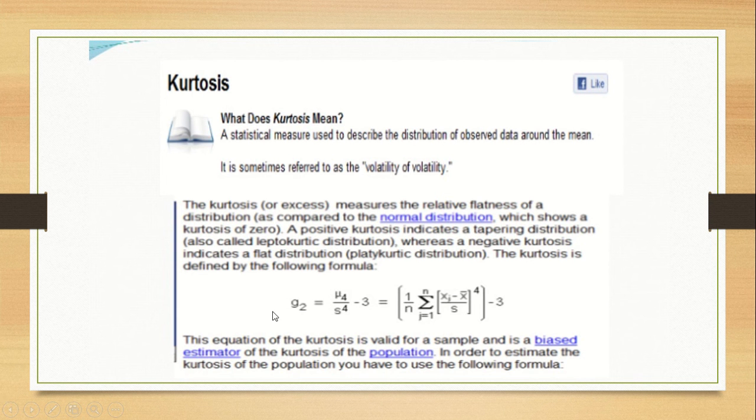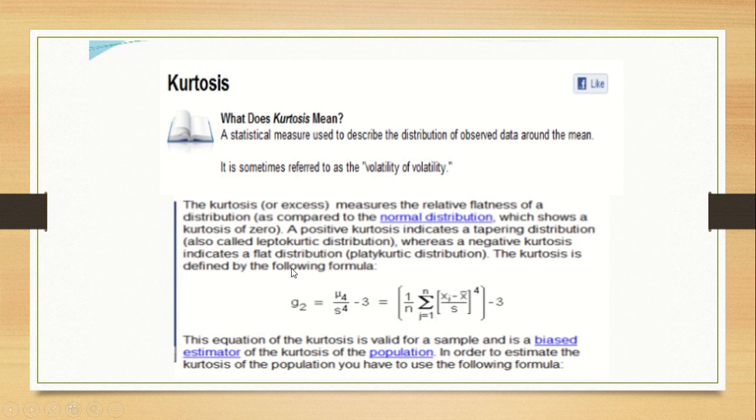Kurtosis measures the relative flatness of a distribution as compared to the normal distribution, which has a kurtosis of 0. Positive kurtosis indicates a tapering distribution, also called leptokurtic distribution, whereas negative kurtosis indicates a flat distribution, which we call platykurtic distribution.